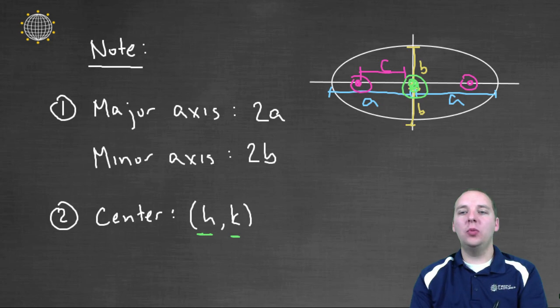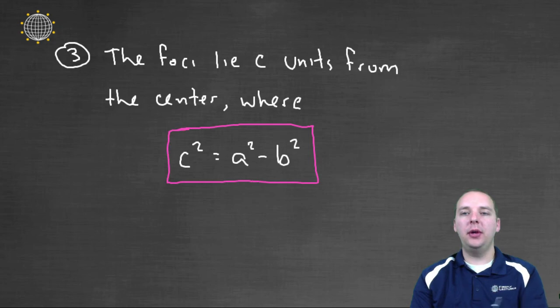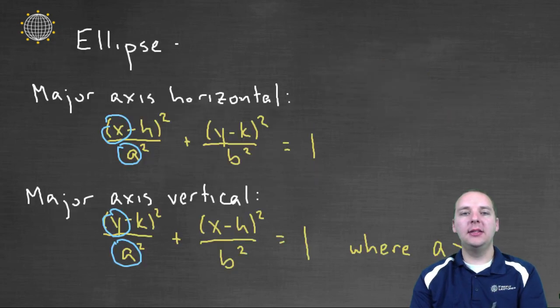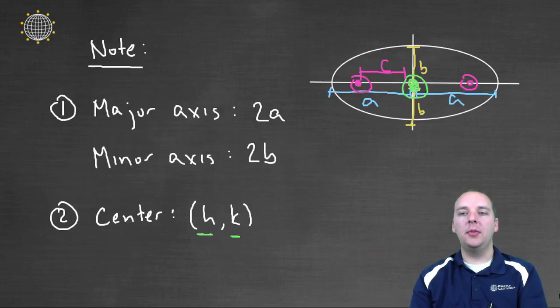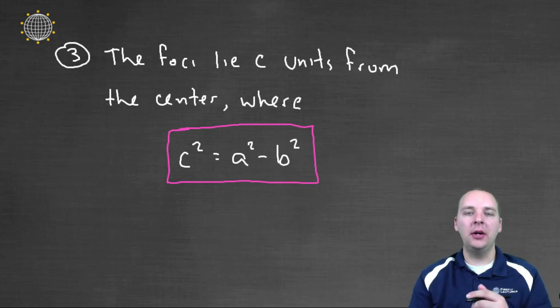But what is c? c is dictated by the relationship c squared equals a squared minus b squared. So you'll need to commit this to memory as well as these formulas to help you graph certain ellipses. Hopefully that helps you understand ellipses just a little bit better.